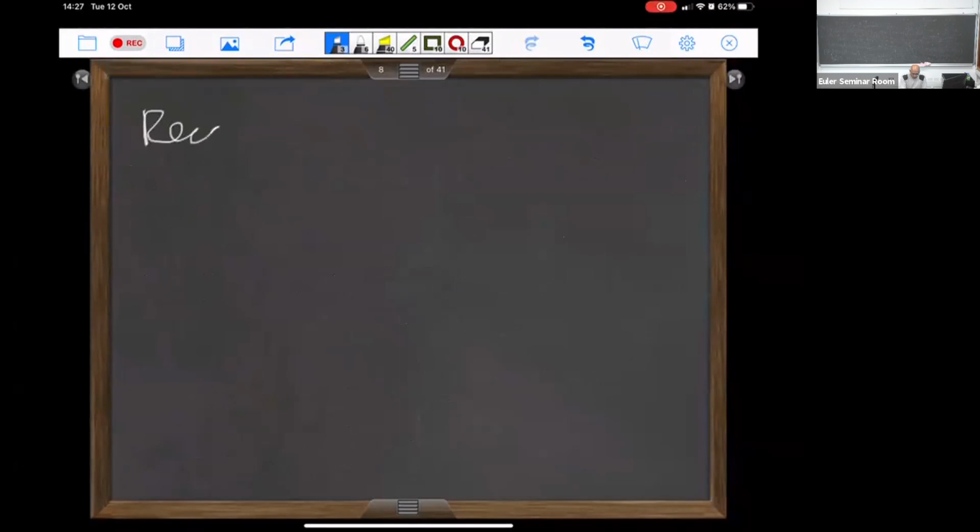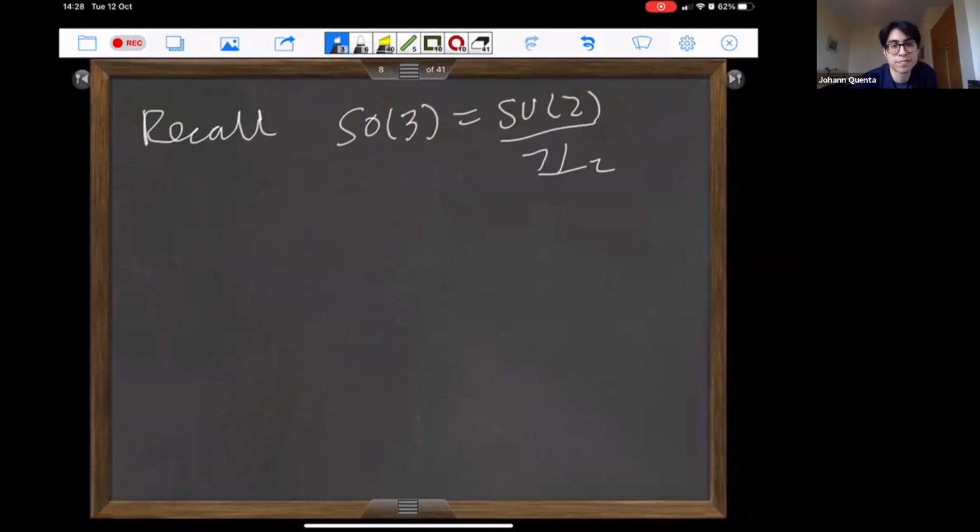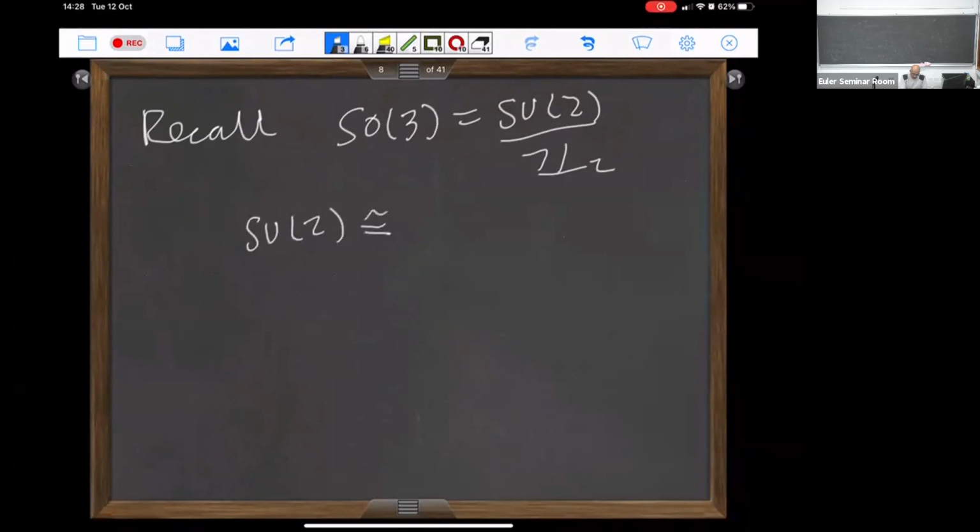If you recall that SO3 is actually SU2 divided by Z2. Are you happy with that statement? In fact, SU2, another name for it is the spin group in 3 dimensions.